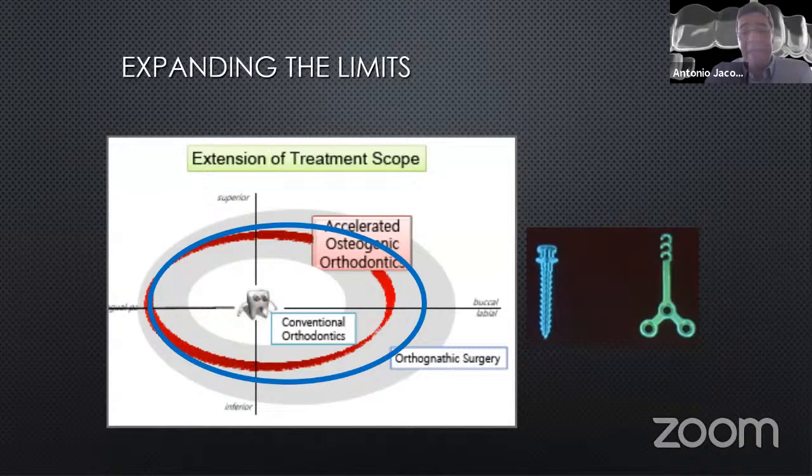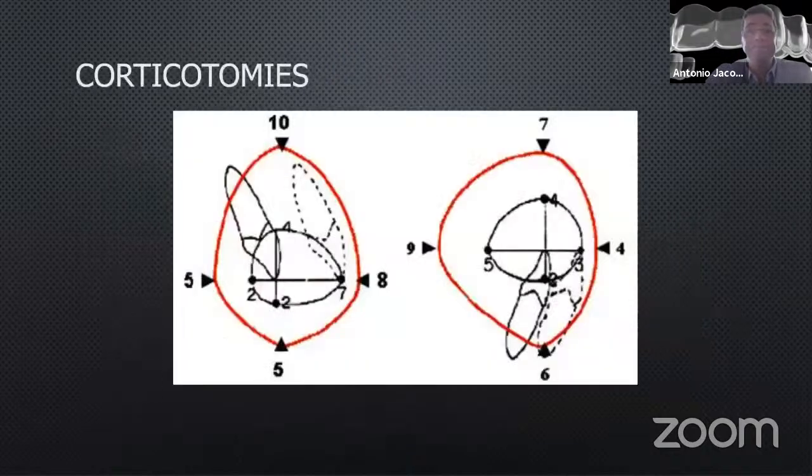But if we can do the corticotomy and skeletal anchorage at the same time, we can also expand our limits for tooth movement. Okay, so we are getting more and more possibilities for orthodontic tooth movement using this technique.